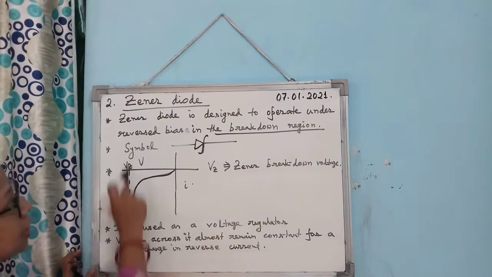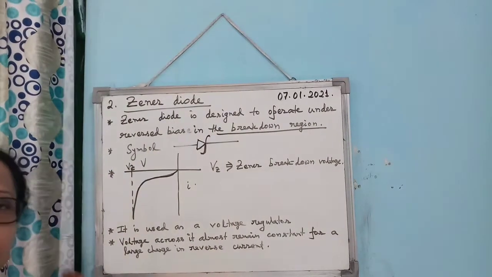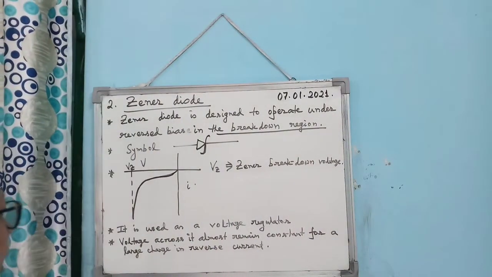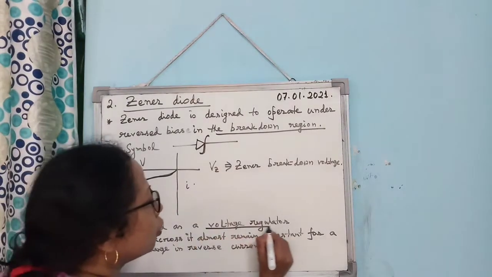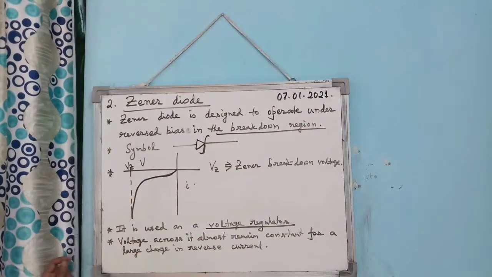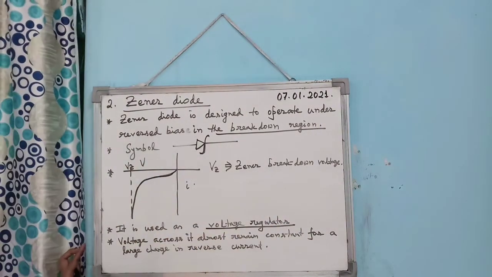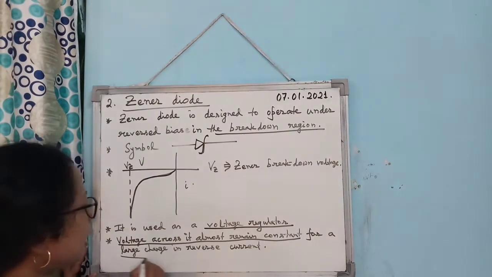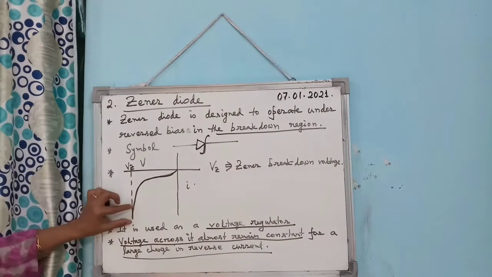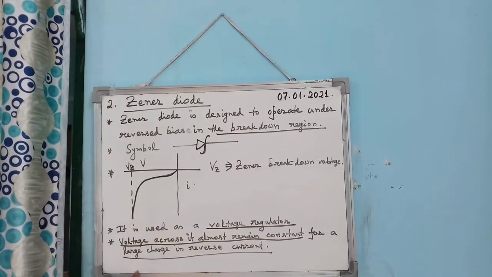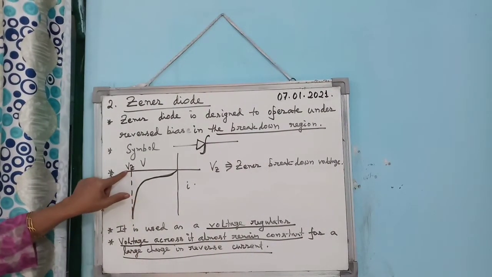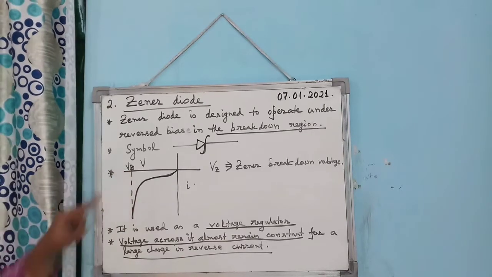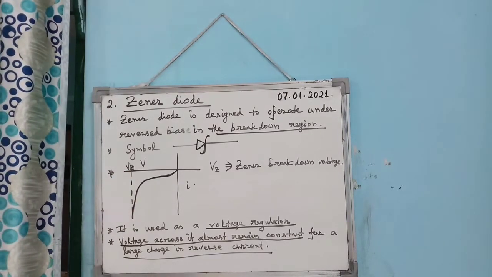So across the Zener diode the voltage always remains constant. That's why it is used as a voltage regulator. And what is the principle? The voltage across it remains constant for a large change in the reverse current. Look at the current. Current is increasing. But what is happening to the voltage across the diode? It is remaining constant.